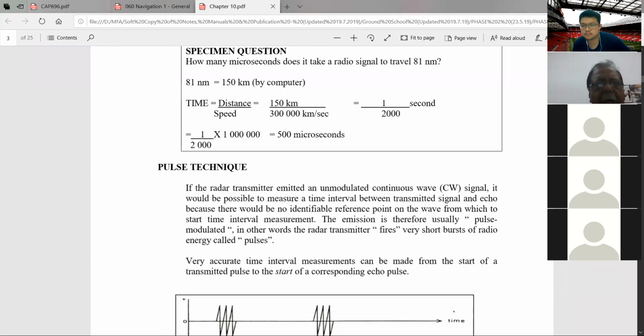Now, if I transmit 1000 pulses from a particular radar, what is the time taken by one pulse?